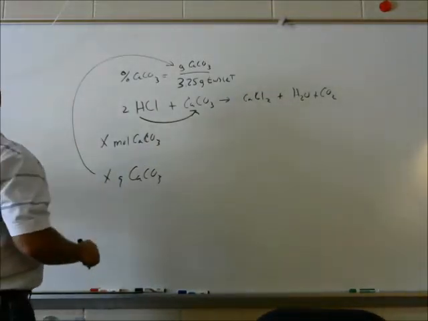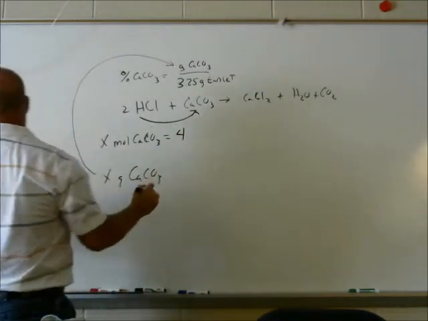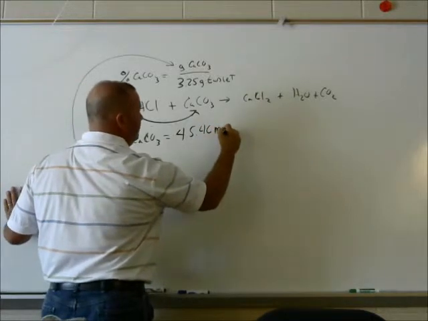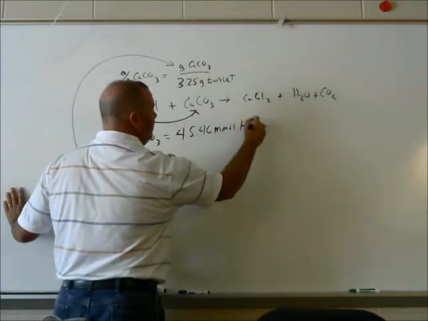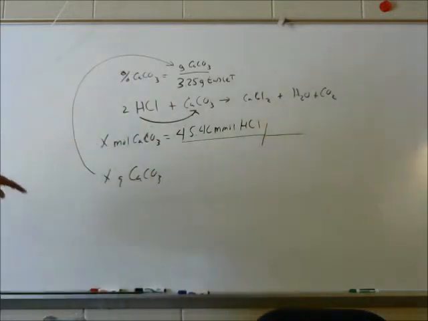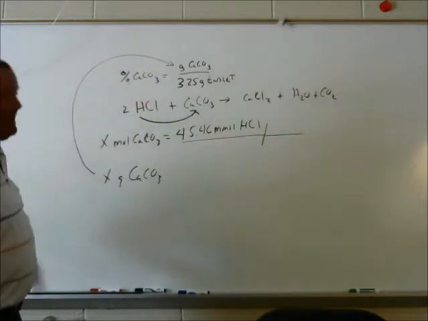So I've got X moles of calcium carbonate are equal to 45.46 millimoles of HCl. And those millimoles of HCl, like I said, were the amount of the original 50 millimoles that reacted when I added my tablet.